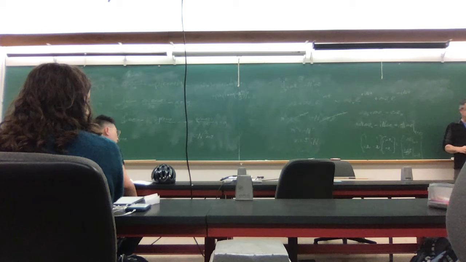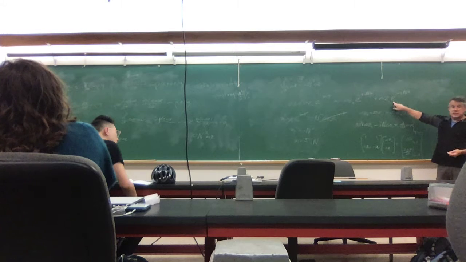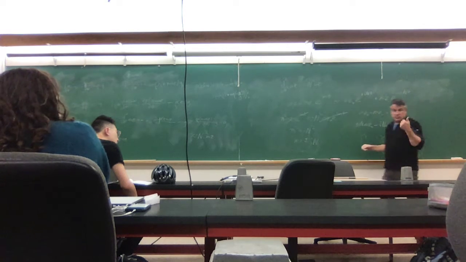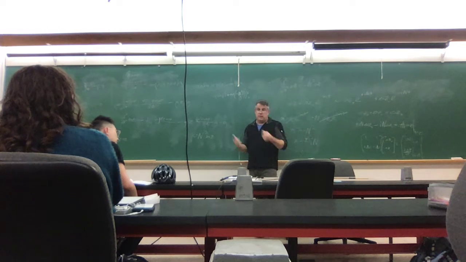That makes sense to everybody? So second order differential equation, we need two initial conditions, not one. And the two initial conditions we get come from the initial displacement and the initial velocity. In this particular problem.